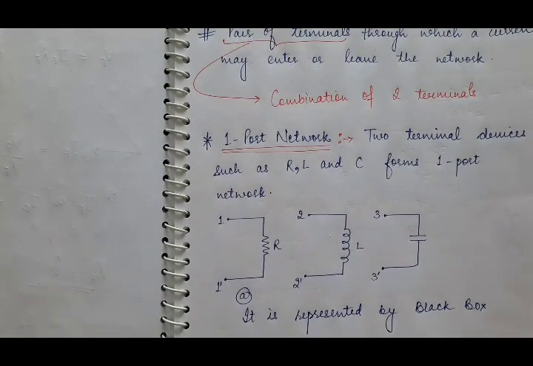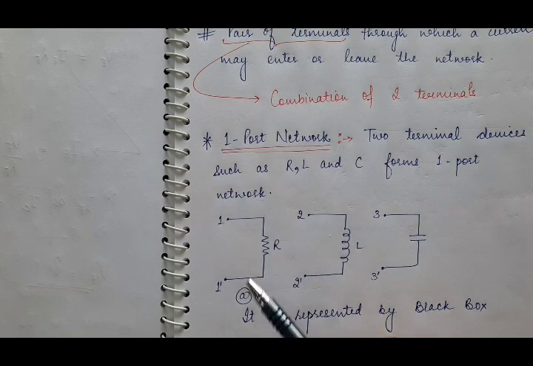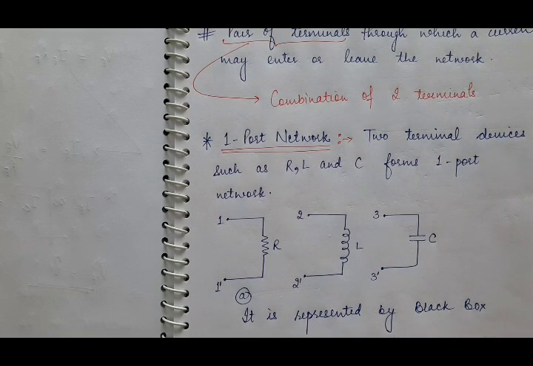Here you can see in figure A, we have a resistor having two terminals, a pair of terminals, 1 and 1 dash. So this is a one-port network. This one is an inductor, again a one-port network, and this one is a capacitor, again a one-port network.